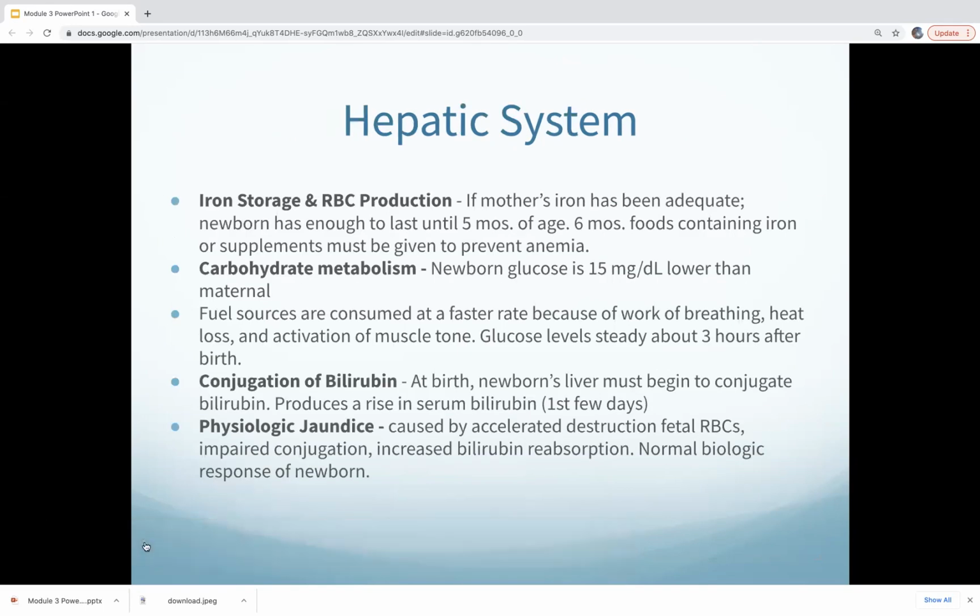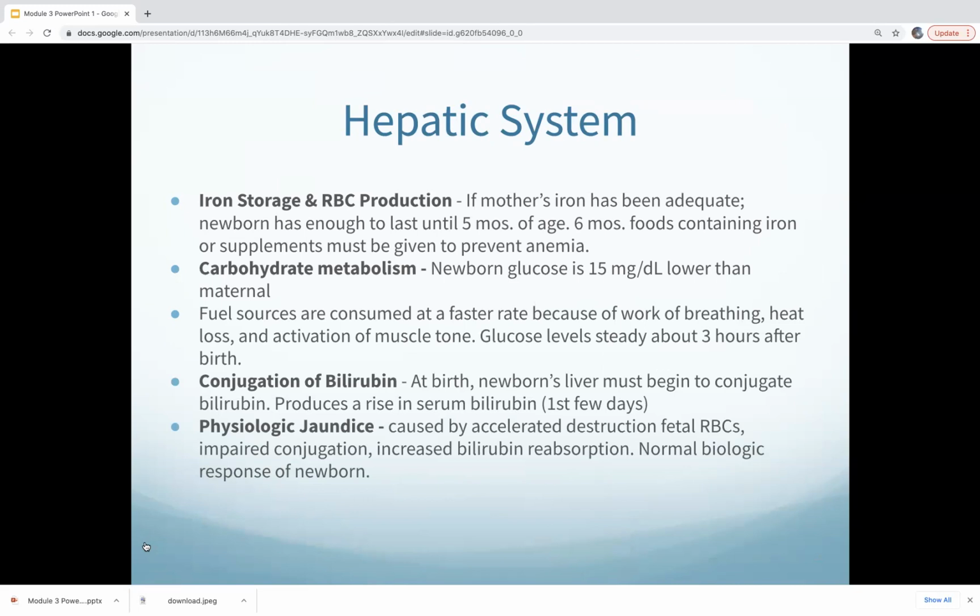Hepatic system, a couple things we're going to talk about here is iron storage, carbohydrate metabolism, which we kind of talked a little bit about, and then with the conjunction of bilirubin. So as long as mom's iron has been adequate throughout pregnancy and they're checking that, and if she isn't, she's taking iron supplements, the newborn is good up until about 5 months of age.